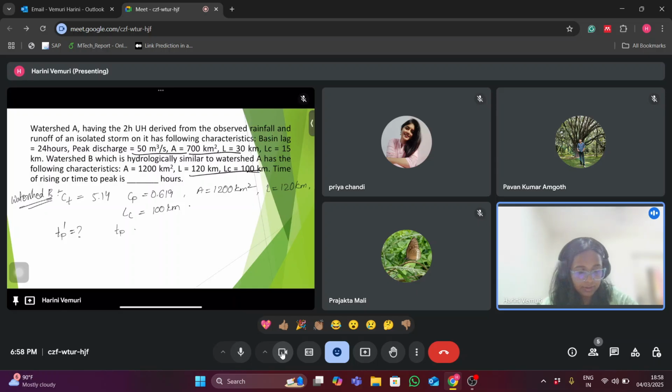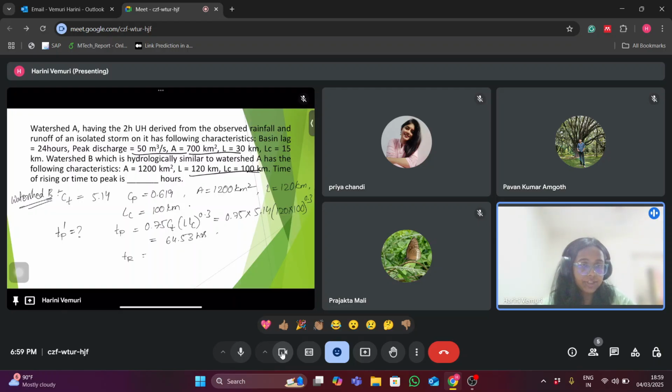But initially we will find Tp, that is 0.75 Ct into L Lca whole power 0.3, 0.75 into 5.14, 120 into 100 whole power 0.3. It is equal to 64.53 hours. This is Tp, okay?